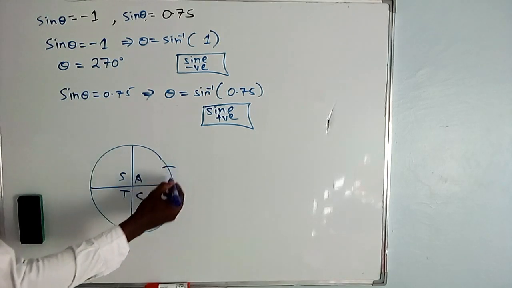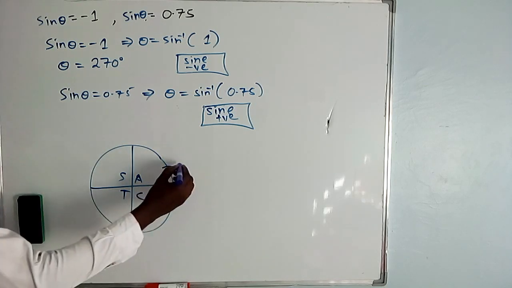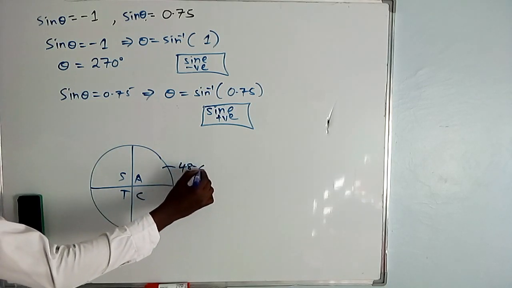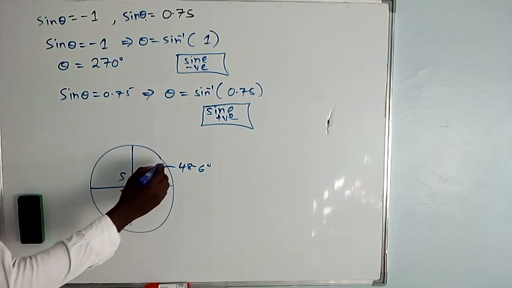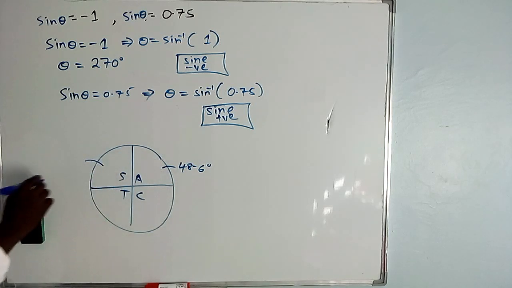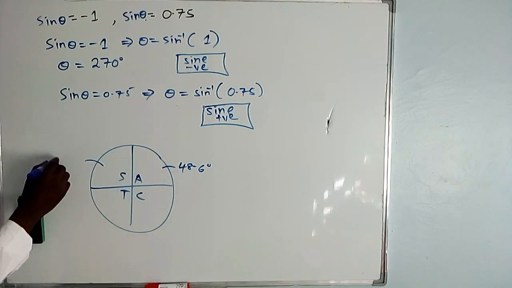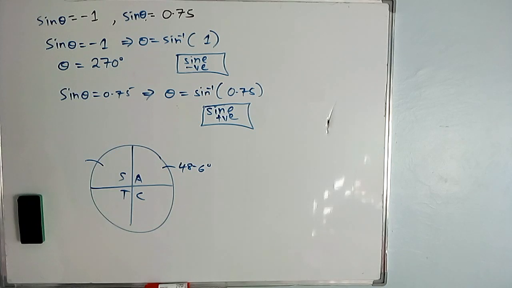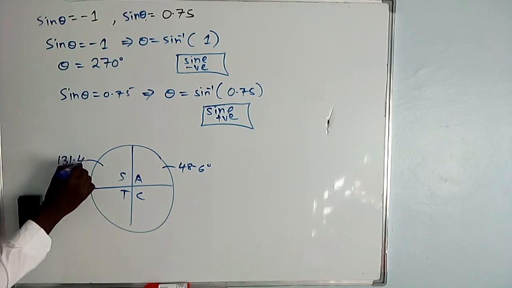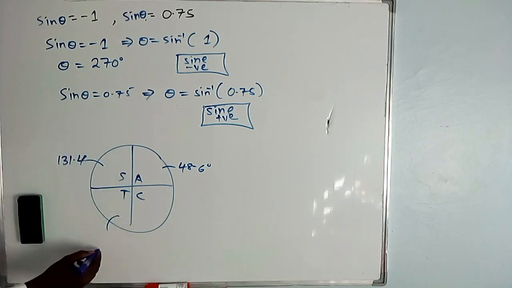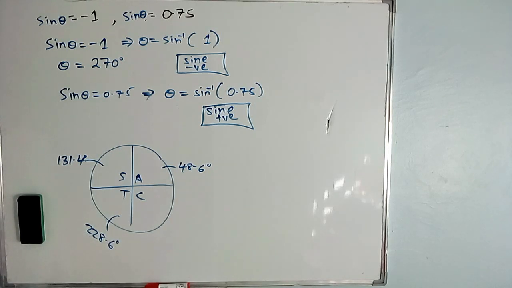You have 48.6. So it means the angle in the first quadrant is 48.6 degrees, isn't it? And the angle in the second quadrant, 180 minus 48.6, is 131.4 degrees. 180 plus 48.6 degrees in the third quadrant is 228.6 degrees.